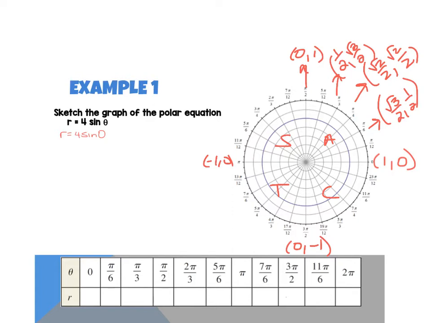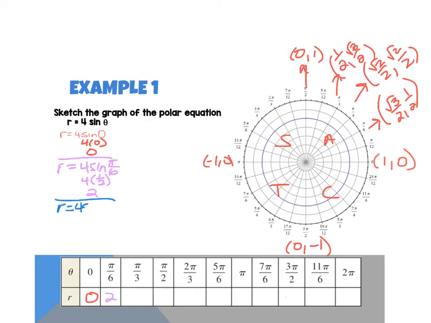So at 0, sine is what? 0, which means this would be 4 times 0, or 0. That's the first one. Go to the next one. We're going to see a repeated pattern, though. 4 sine pi over 6. The sine at pi over 6 is 1/2. 4 times 1/2, 2.